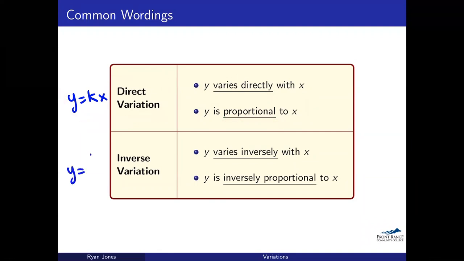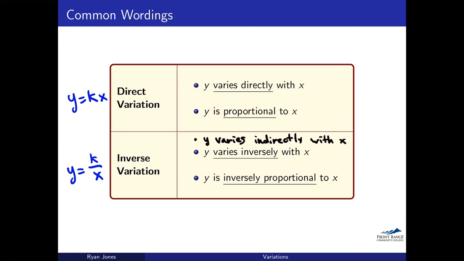I could also have inverse variation, and we've seen actually a couple different ways. Let me include one other way that we saw before. Y varies indirectly with x, and that's that first way that we saw. But there's two other ways.